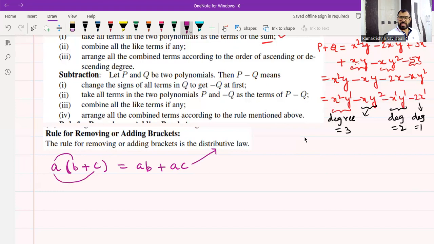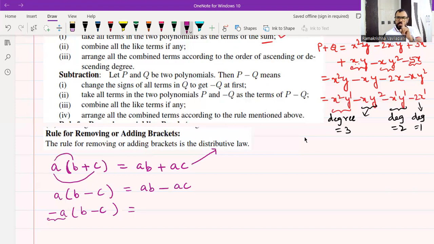Whether you have a positive sign or a negative sign. Suppose we have a into b minus c. Then we write ab minus ac. This is the distributive law. Now, for example, suppose I have minus a into b minus c. How do we write?